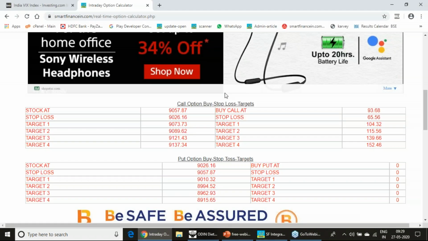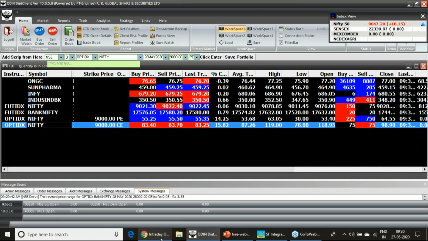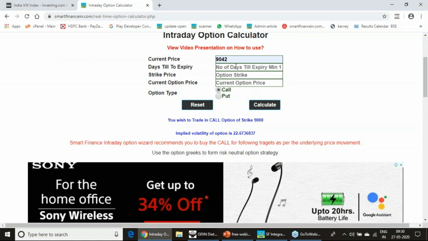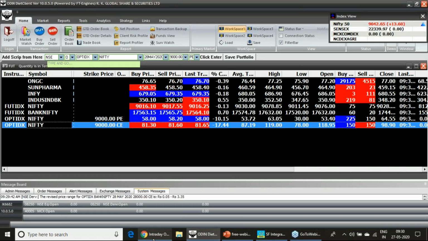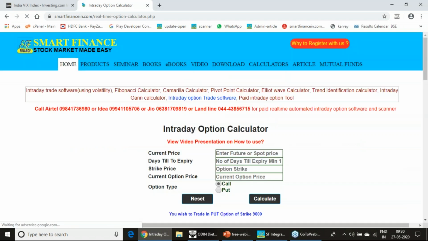In the same way, I am going to do the put option analysis. Nifty at 9045, number of days 2, put option strike say 9,000, and the current price of the put option is 58 rupees. Calculate.